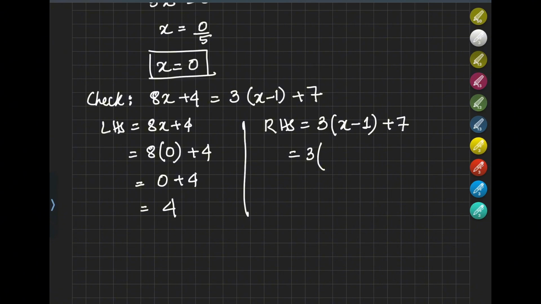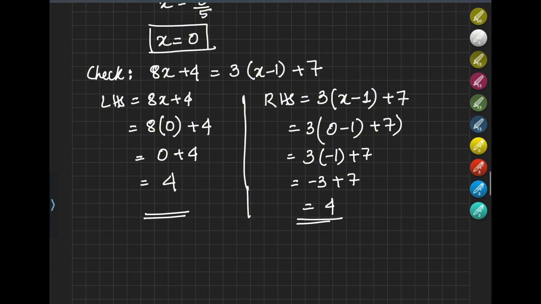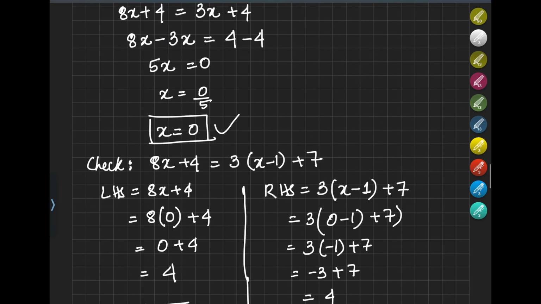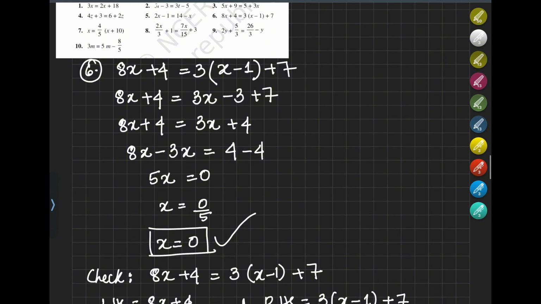Put the value of x as 0: 3 into 0 minus 1 plus 7. So 3 into minus 1 plus 7, which is minus 3 plus 7, which is equal to 4. So we see that on the left hand side and the right hand side we get both the values the same. So the left hand side is equal to the right hand side, which means that the solution that we calculated for the given equation is correct.